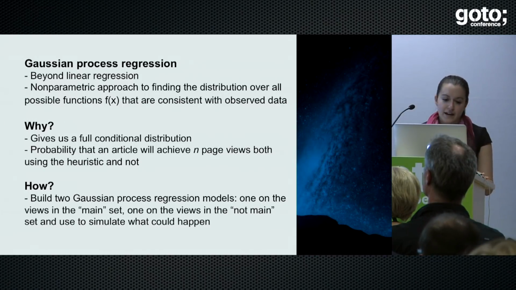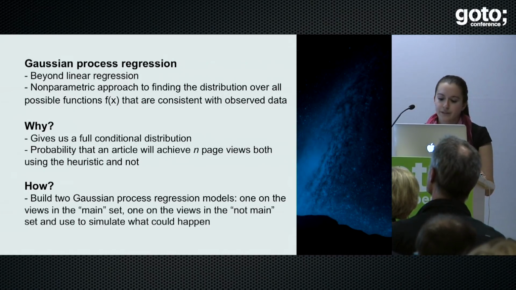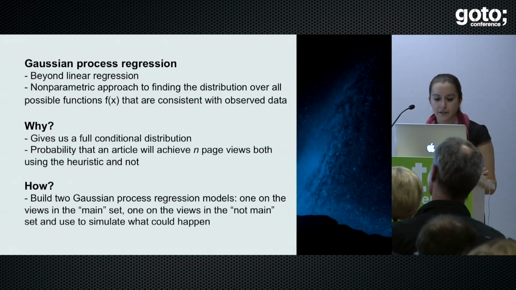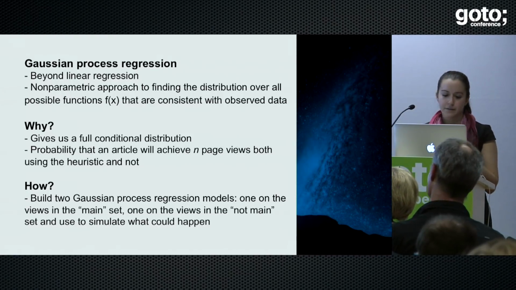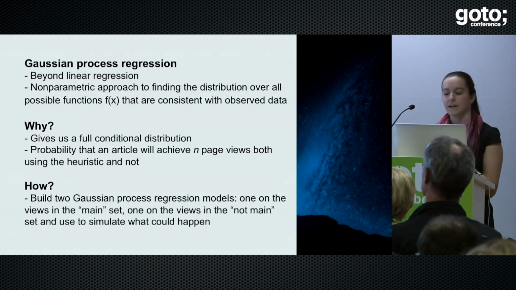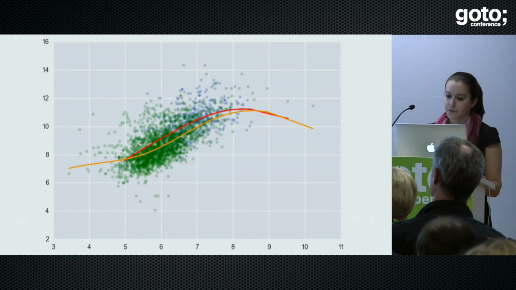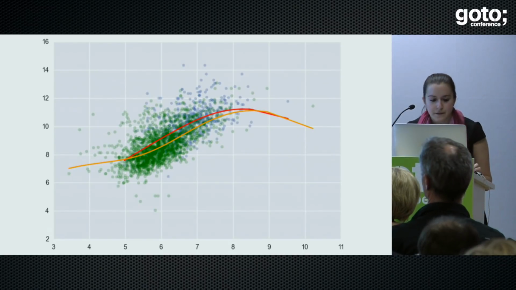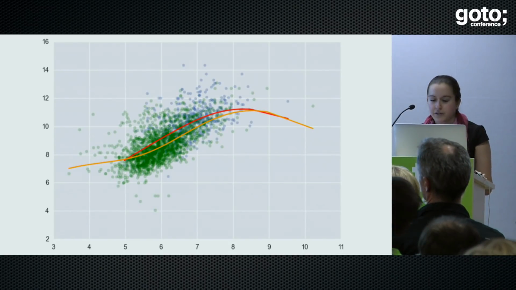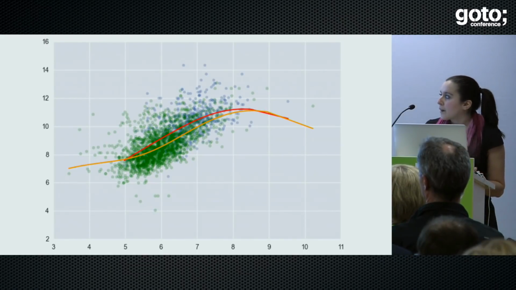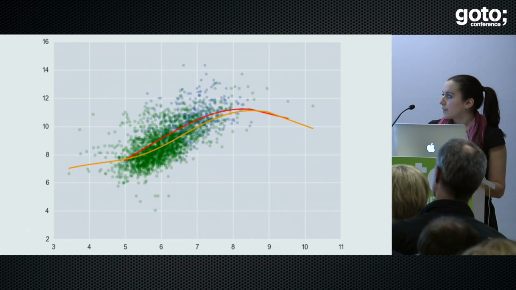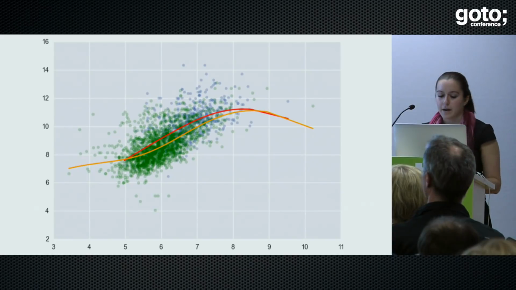The way that I did this was I built 2 Gaussian process regression models, one on the main set and one on the not main set, and then I built a simulation to see what would happen. First, this is the regression, and this is log scaled. The dots are views data in the main and not main populations.